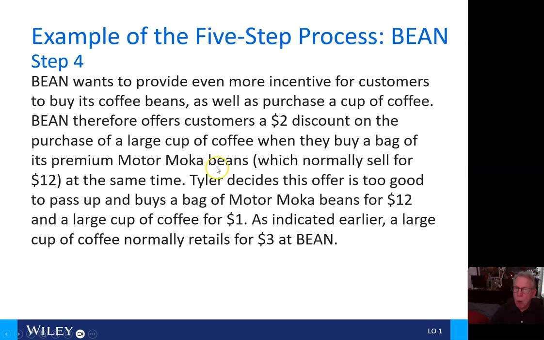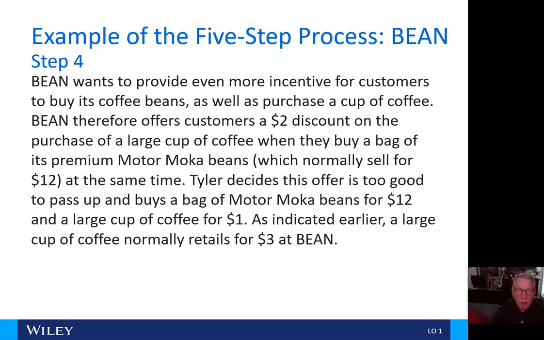Okay, step 4. Bean wants to provide even more incentive for customers to buy its coffee beans, as well as purchase a cup of coffee. Bean therefore offers customers a $2 discount on the purchase of a large cup of coffee when they buy a bag of its premium mocha beans, which normally sell for $12, at the same time.